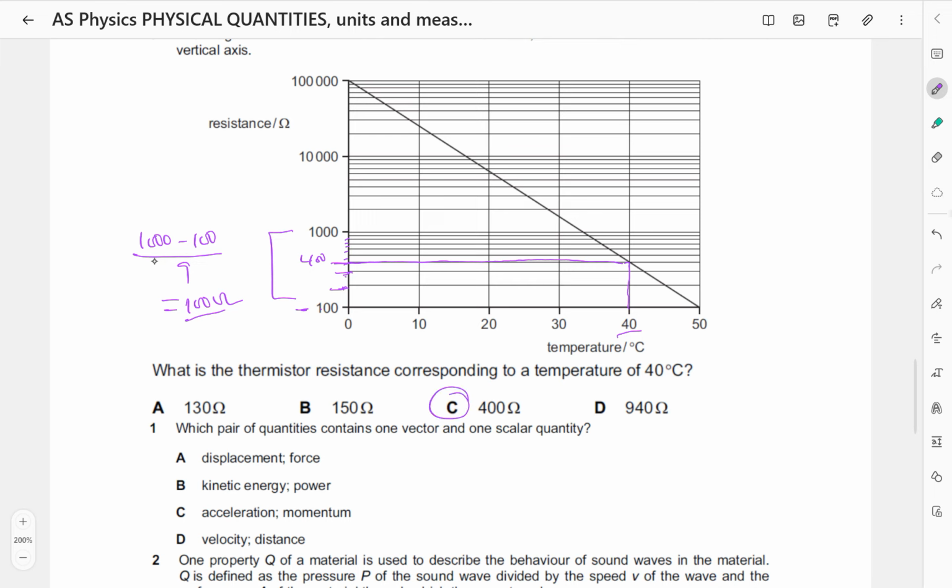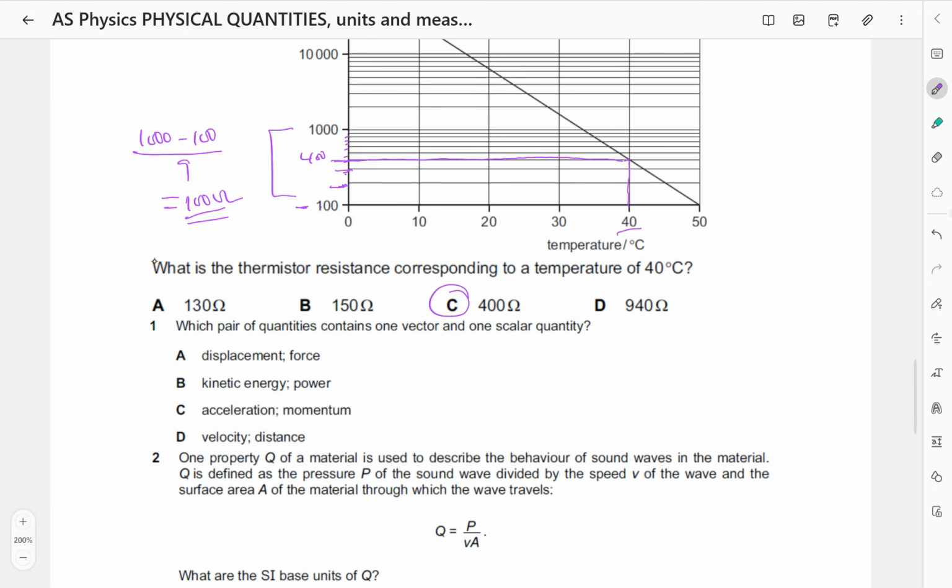So the answer is going to be C. There is no reasoning here, just finding what one horizontal line represents, and we saw that we got 1000 minus 100 divided by the 9 divisions. So each division corresponds to 100 ohms. So 40 degrees Celsius corresponds to 400 ohms.